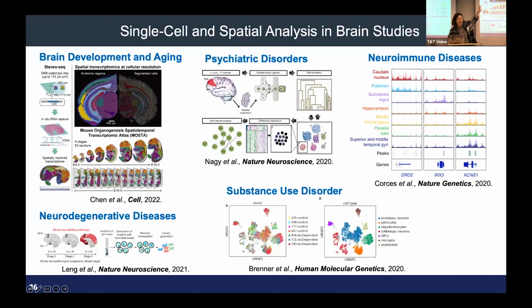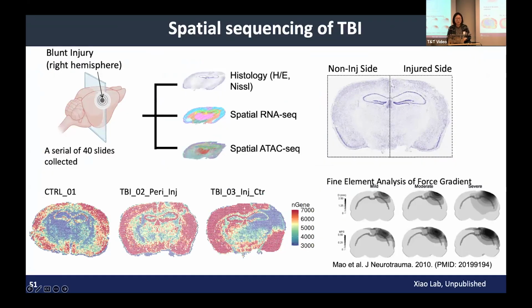But for many other diseases like brain development, neurodegenerative disease, substance use disorder, or neuroimmune disease, there's actually no one changes to cause what protein will have a difference or how their spatial distribution will have a difference. So I think if you want to use spatial proteomics, don't go with psychiatric disease, go with the other thing. So my lab is focusing on traumatic brain injury because we thought this is a spatial disease.